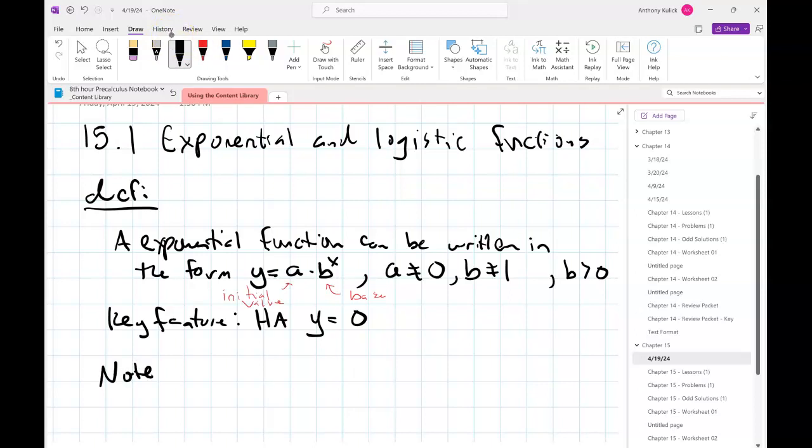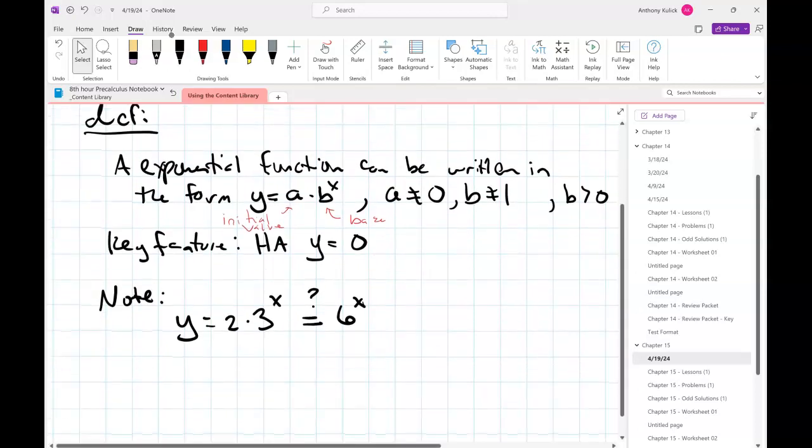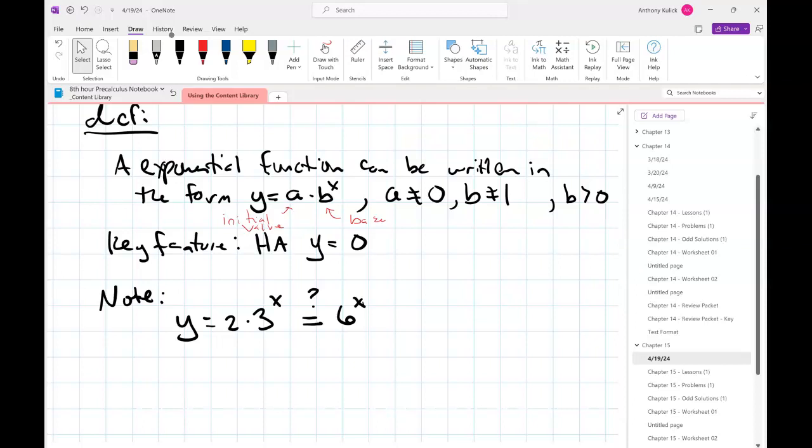A note here. So let's say we have y equals 2 times 3 to the x. Is that the same thing as 6 to the x? Jacob said no. Does anyone disagree with no? No. It's a no. Now, when can I multiply?